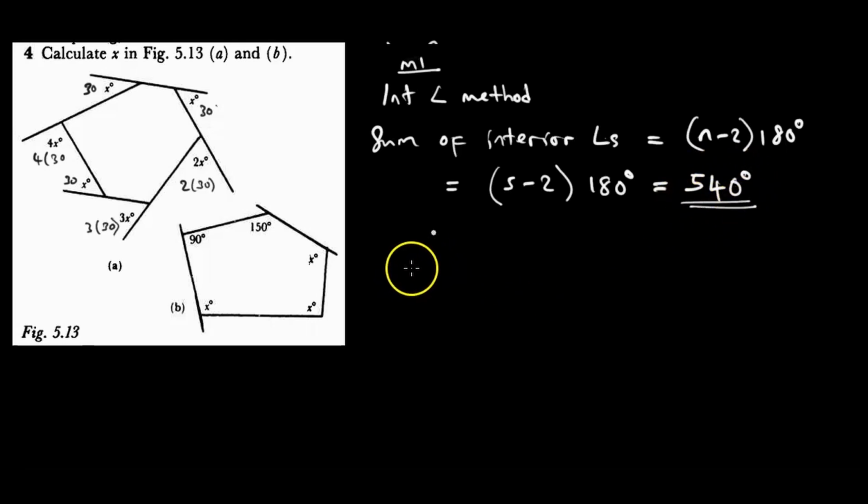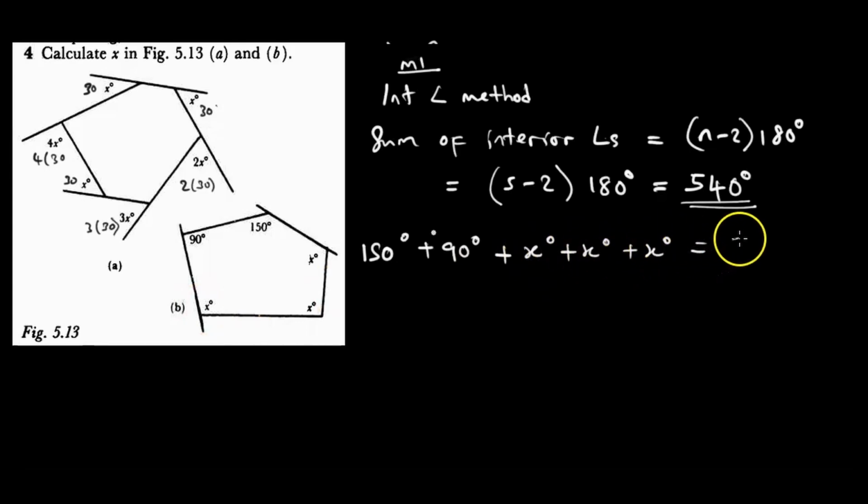Then, having done that, we know we have to add our interior angles, so 150 degrees plus 90 degrees plus x plus x plus x. This is equal to 540 degrees. So what is 150 plus 90? It is 240.